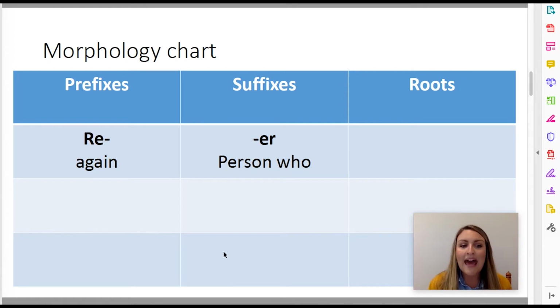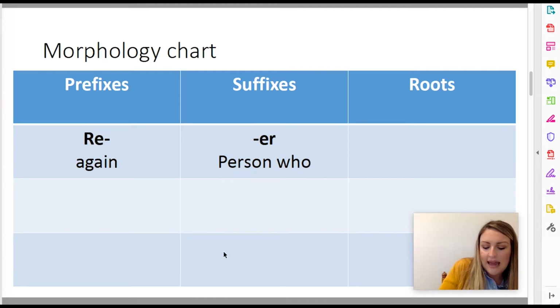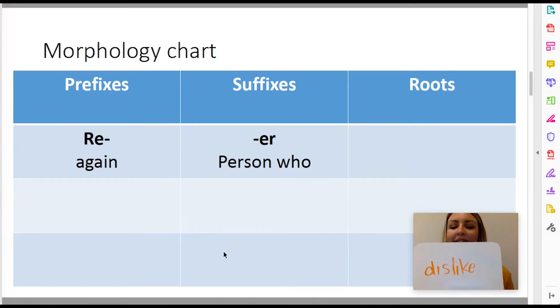Today, we will add another morpheme to our morphology chart, okay? I'm going to write another word on my board, and I want you to see if you recognize it, okay? This is my next word. Do you recognize this word? Very good.